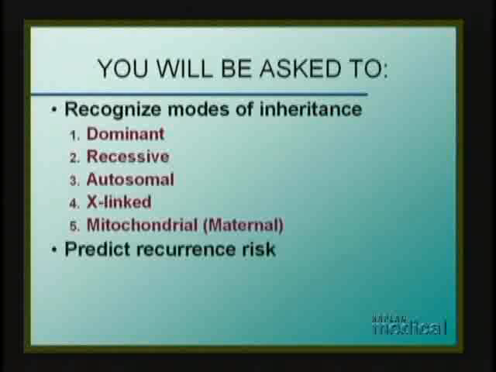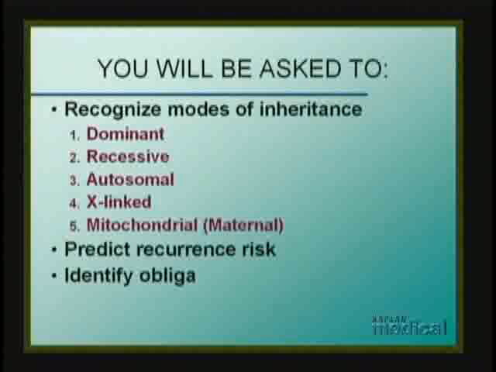Is the child destined to have a disease, or to be a carrier, or to be normal? What is the probability that that child will be affected by this particular disease? That is called predicting the recurrence risk. We'll look at how to do that for each type of disease.